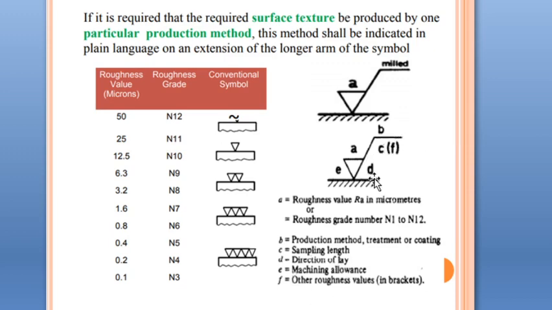D is the direction of lay, as with the perpendicular symbol we saw previously. E is the machining allowance. F is represented between brackets: other roughness values are also mentioned here.